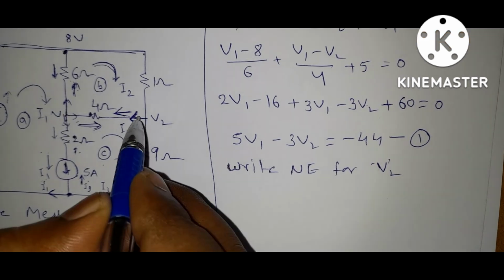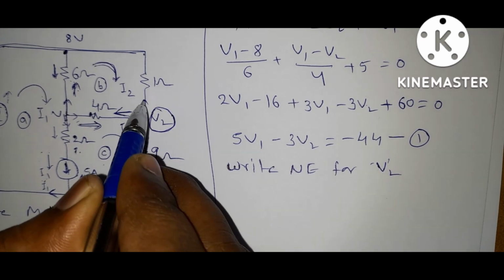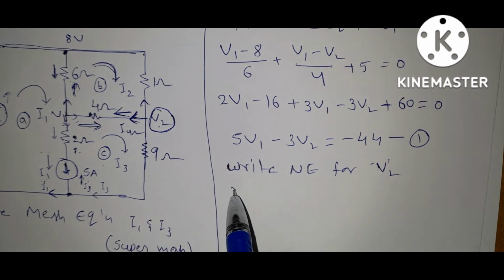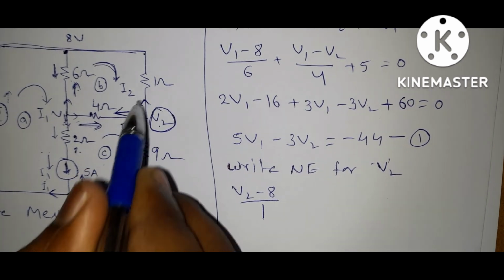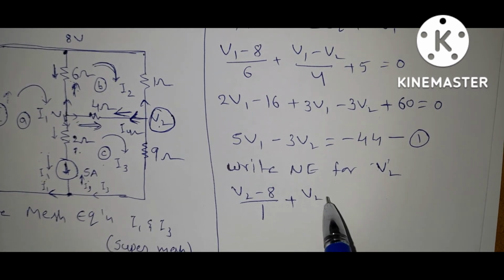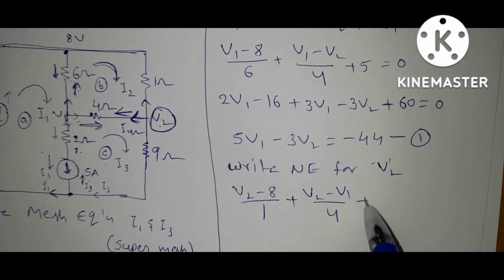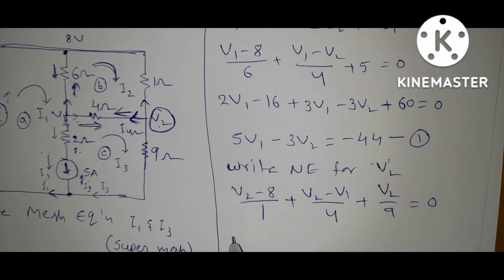Here we are assuming this is the highest potential, so all currents must leave this node. So this branch current is V2 minus 8 by 1, plus this branch current is V2 minus V1 by 4, and this branch current is V2 by 9, is equal to 0.